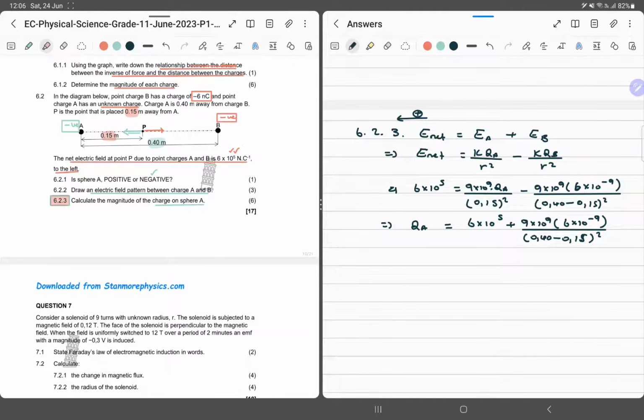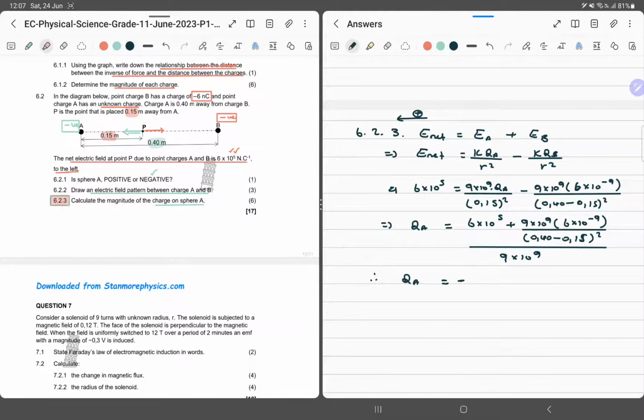Now what do we need to do? We divide that whole thing by Coulomb's constant, 9 times 10 to the 9. Well, that's how we isolated A. So we can say therefore the charge on sphere A is, remember it's a negative charge, so we need to make up for that.